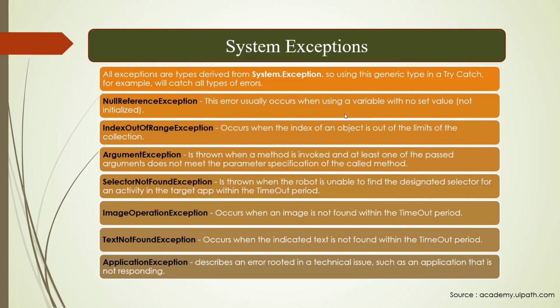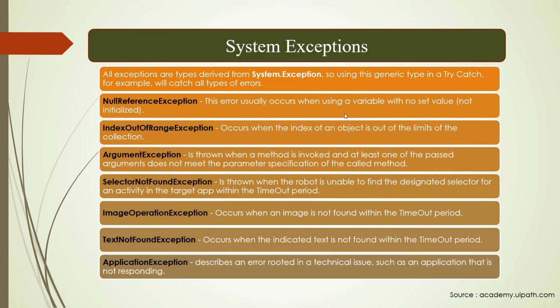For example, you have 5 elements in an array: 1, 2, 3, 4 and 5. While reading the array, you try to read the 6th element. Your array has only 5 elements, so it will say that it is not able to get this value and it throws an index out of range exception. Similarly you have text not found, application not found, and n number of exceptions.